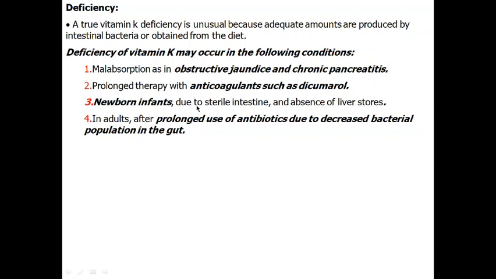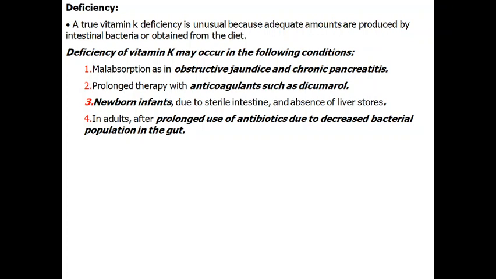In newborn infants, why? Because the intestine is sterile, there are no microorganisms or bacteria, so vitamin K2 will not be synthesized, and newborn infants do not take plant sources, so vitamin K deficiency will occur.